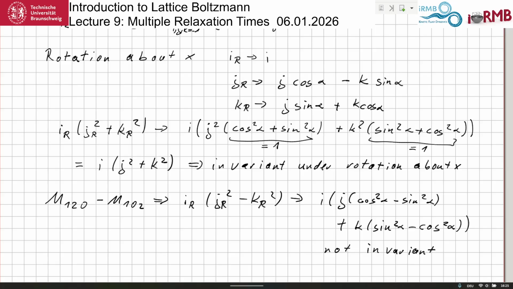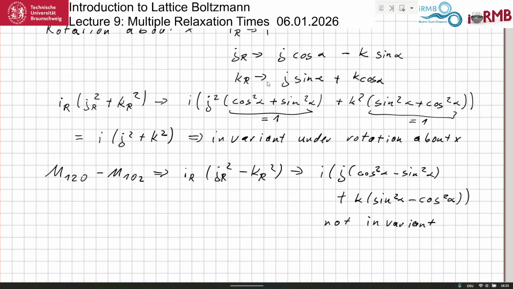So we'll have different groups here, more than just the two that we have identified. We actually have three. We have the group M120 plus M102.